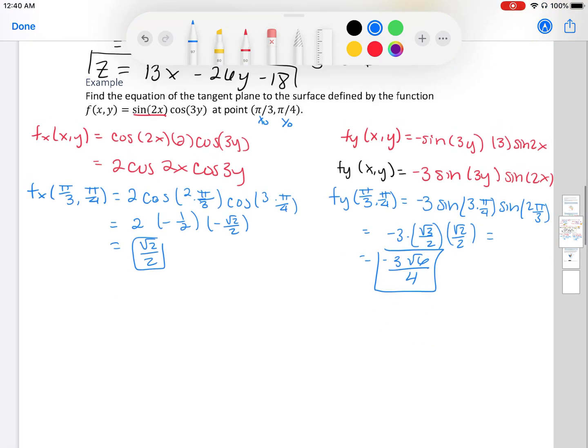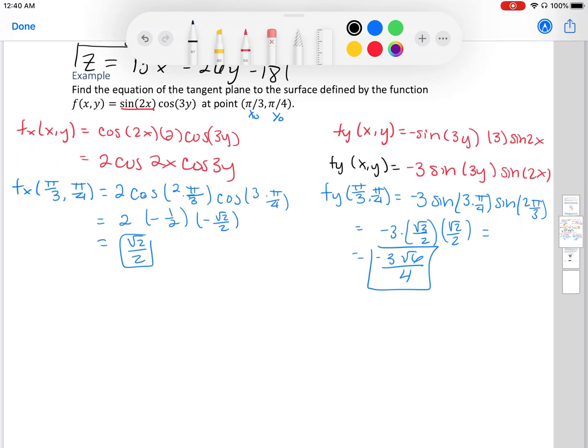Okay, and we also want to find the value of our function at that point. So f of pi over 3 and pi over 4. So we plug it in, we have sine of 2, and for x, we're going to plug in pi over 3, and cosine of 3 times y, which is pi over 4.